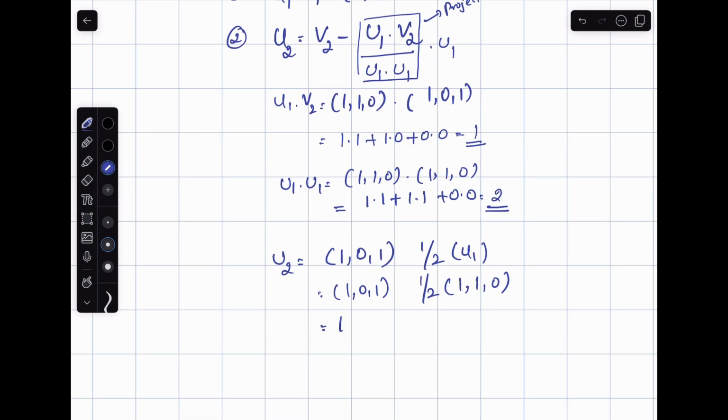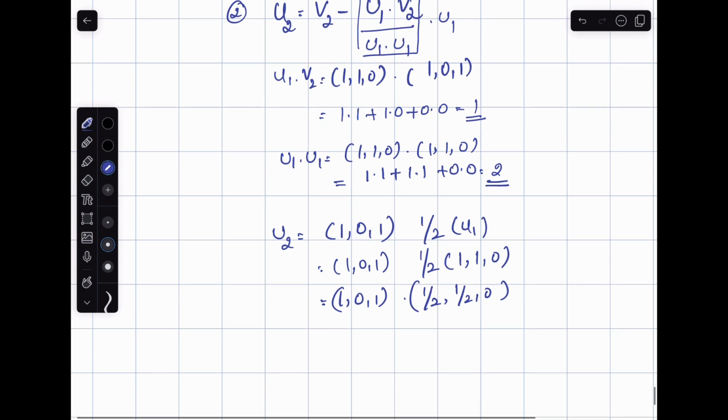I forgot to put the minus here, so please put the minus sign. Now let us do the subtraction. 1 minus half is half. 0 minus half is minus half. 1 minus 0 is 1.